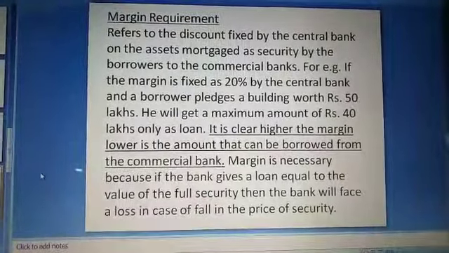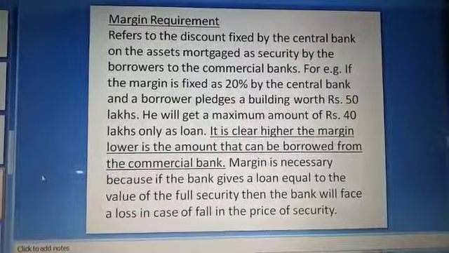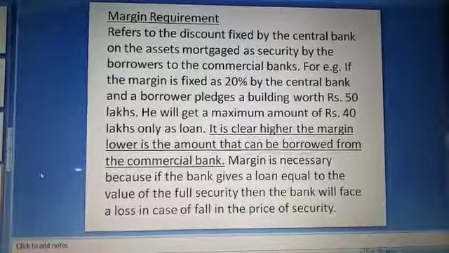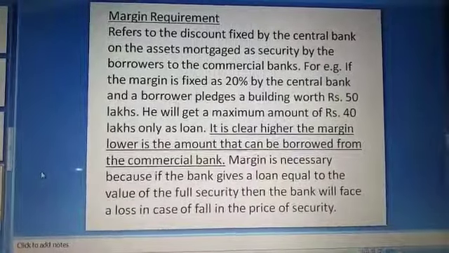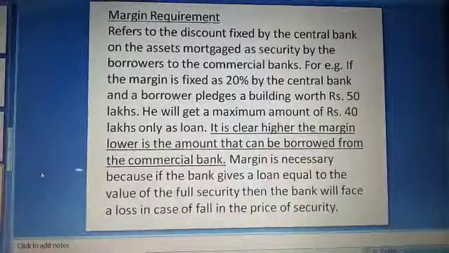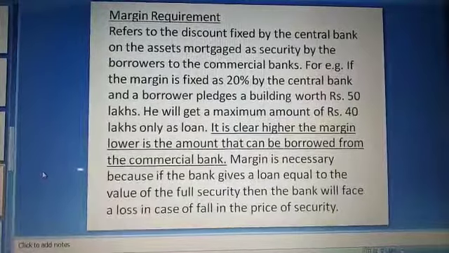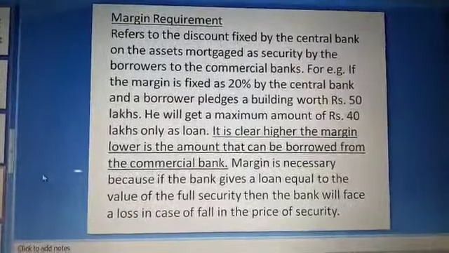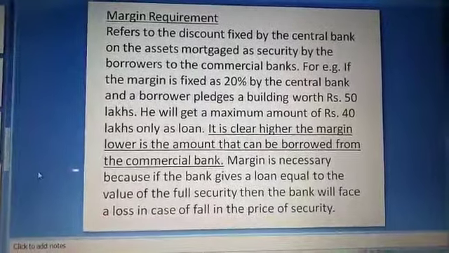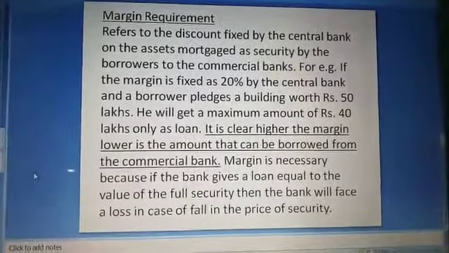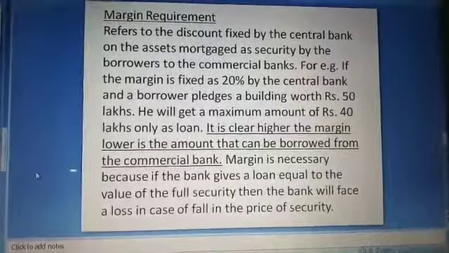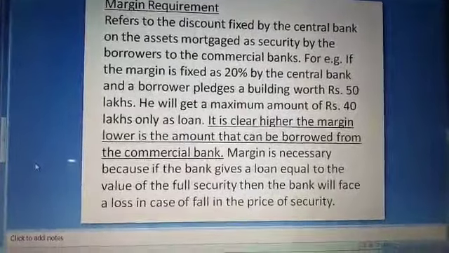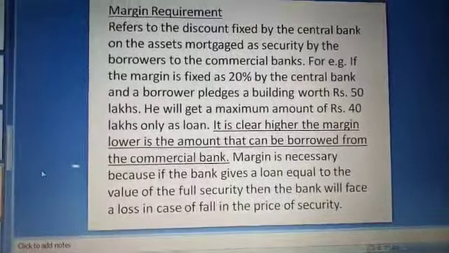For example, if the margin is fixed as 20% by the central bank and a borrower pledges a building worth rupees 50 lakhs, he will get a maximum amount of only rupees 40 lakhs as loan and not the entire 50 lakhs which he had claimed for. So it is clear, the higher the margin amount, the lower is the amount that can be borrowed from the commercial banks.